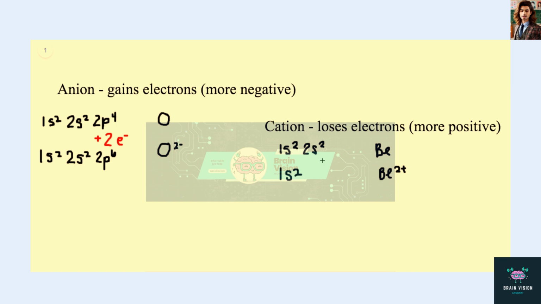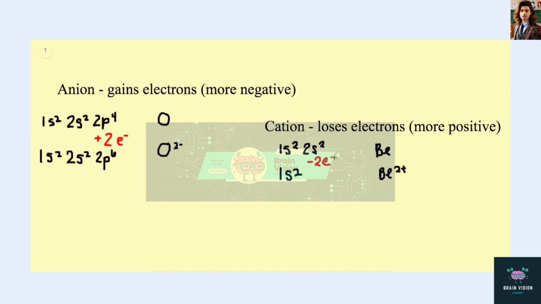And that is it. A neutral atom of beryllium has 4 protons because 4 is the atomic number, so it has 4 electrons. But a beryllium cation has a 2+ charge, so it has 2 fewer electrons, having 1s2, only 2 electrons there. So in this case, we are subtracting 2 electrons.